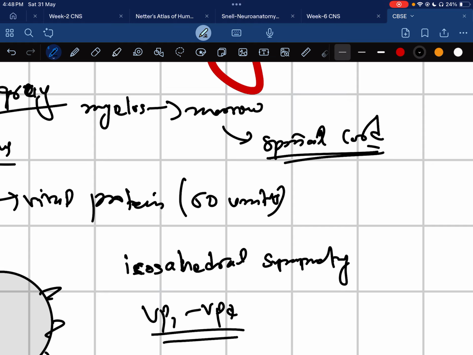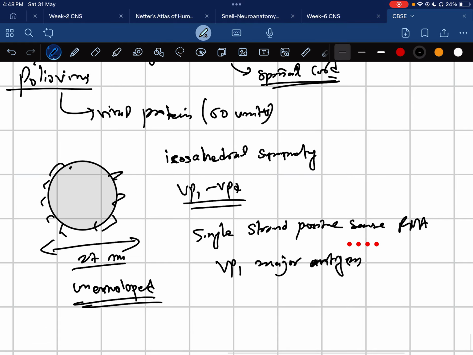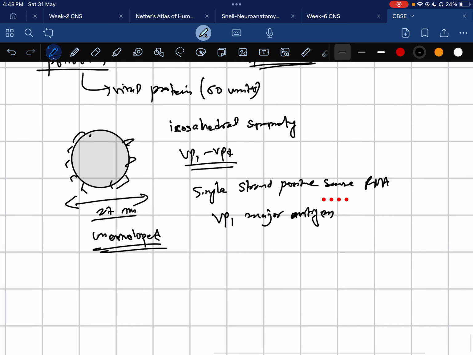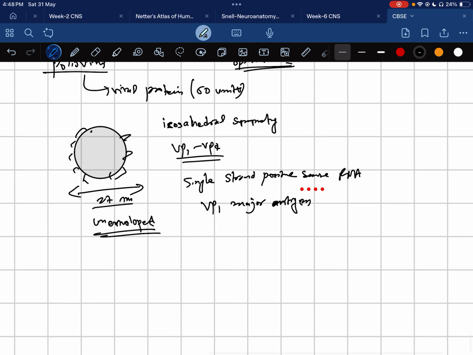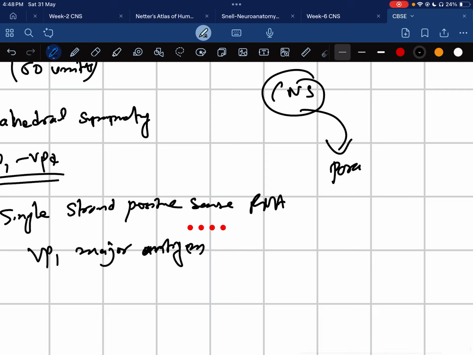So there is poliovirus and poliomyelitis, a systemic infection that frequently affects the central nervous system and causes paralysis. When the CNS is affected, there is paralysis. Mainly it affects the motor horn cells.